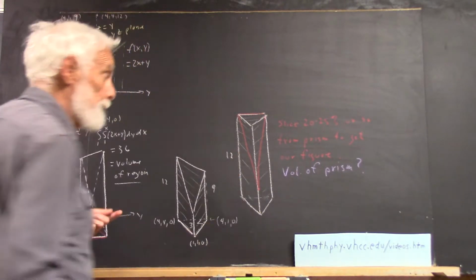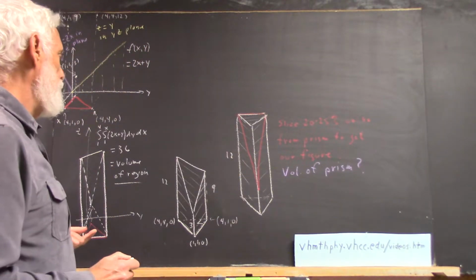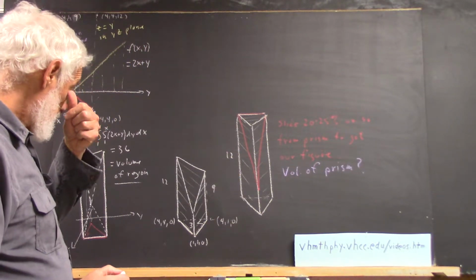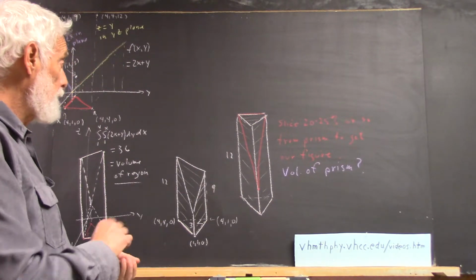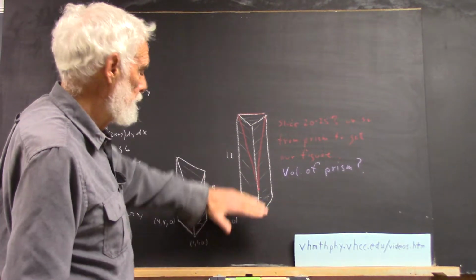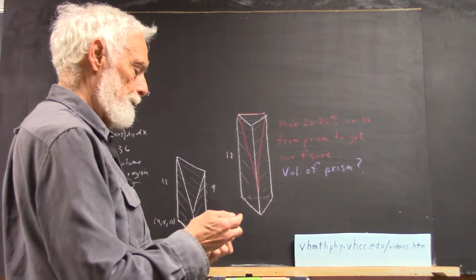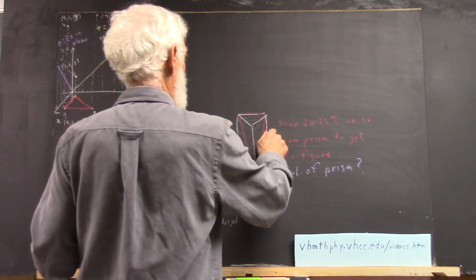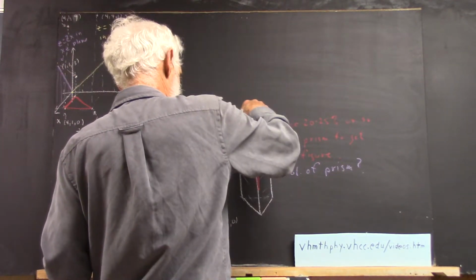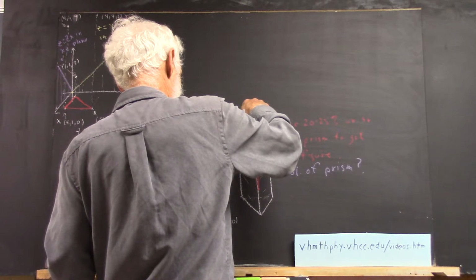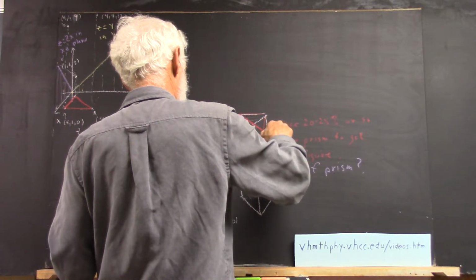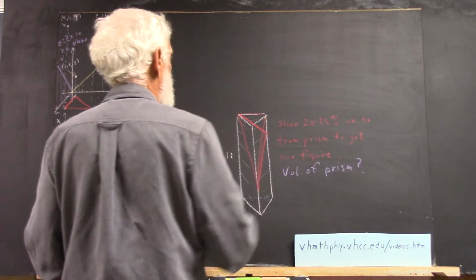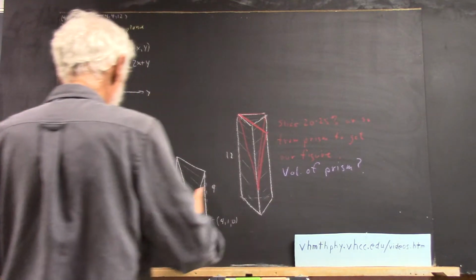The height of that prism is 12. And you know, when I sliced it, I didn't quite slice it right. I sliced it with a plane in this direction, and I've got to change that. Okay, because we sliced it down to here. Okay, the slice kind of went this way.